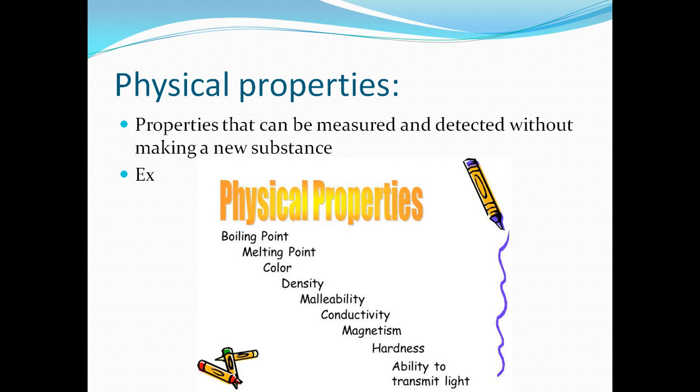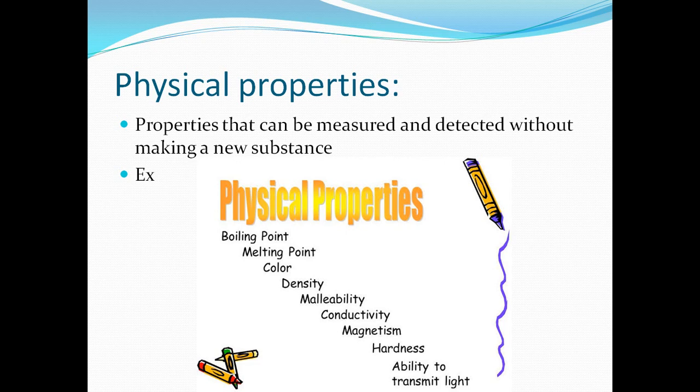Like the wood. Who can tell me is it a good conductor or bad conductor? Yes, bad conductor. So this is a physical property of the wood. Yes, bad conductor of heat and electricity. What about copper? Copper is a good conductor of heat and electricity. This is a property which is called physical property.